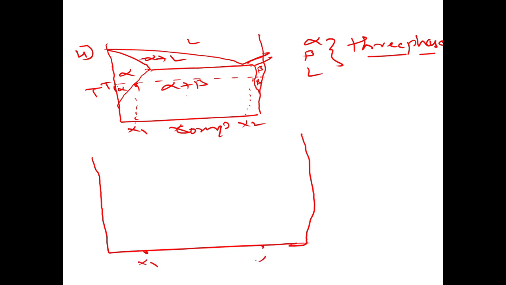This is x1 and this is x2. Up to x1, gamma is stable. In between x1 and x2, alpha plus beta both are stable, whereas after x2, beta is stable. How will we be drawing this one?